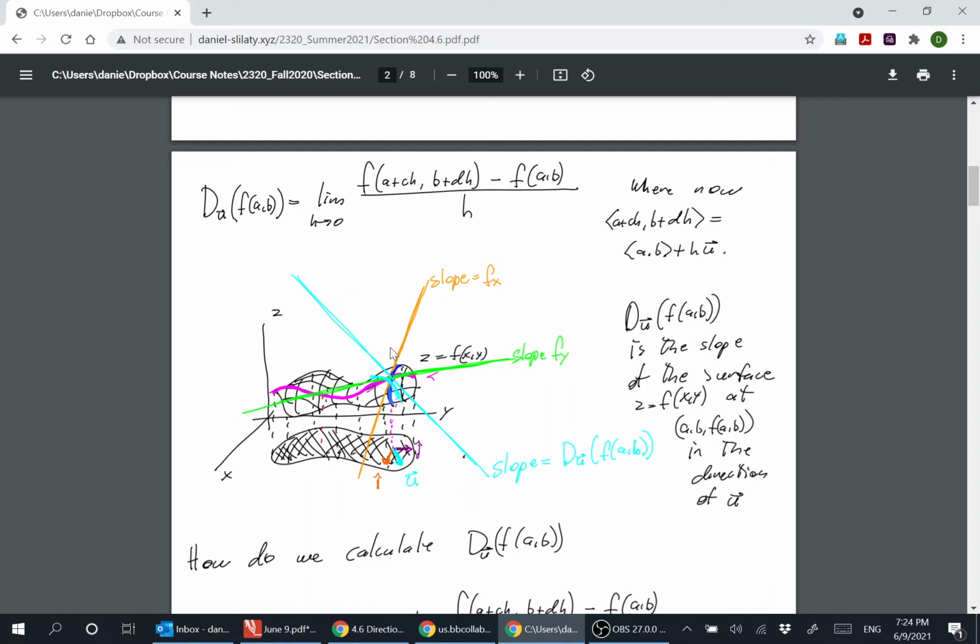Right, so that's your surface right there, that black thing that I drew.